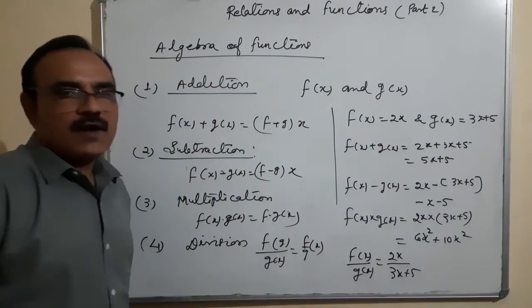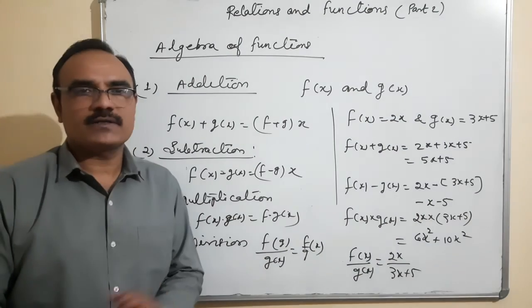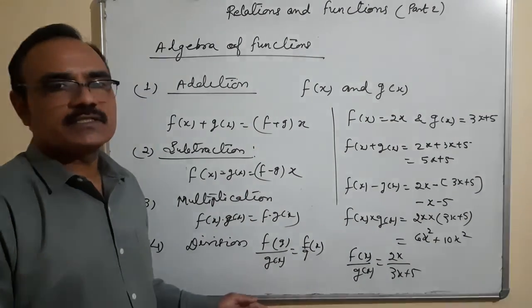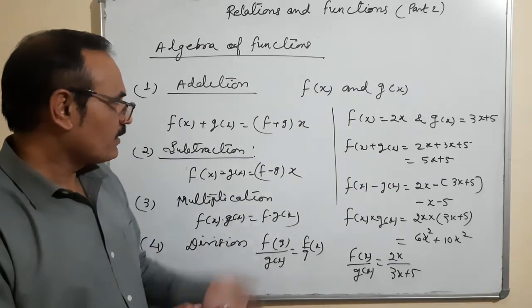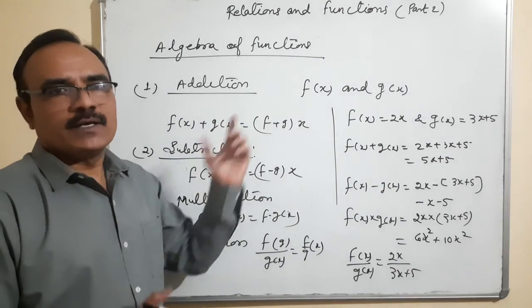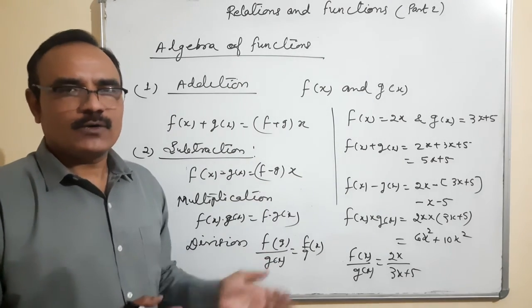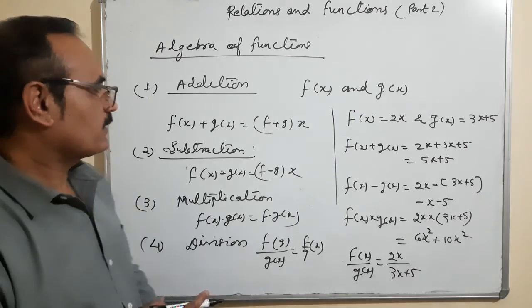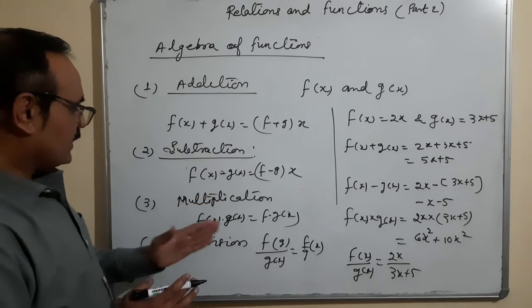So this is the algebra of addition, division, subtraction and multiplication. Now you can understand. I think you are thinking why I am doing all these things. By the way, you have studied everything in algebra. But because it's a different topic, here we have to verify first that all these things are possible here, only then we can continue, right? So addition, subtraction, multiplication, division.